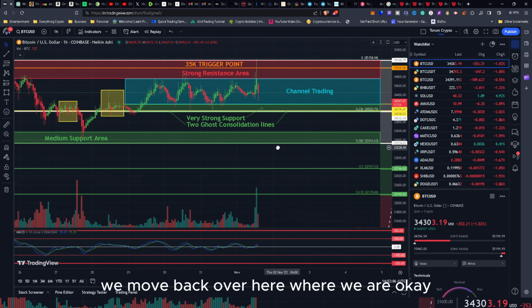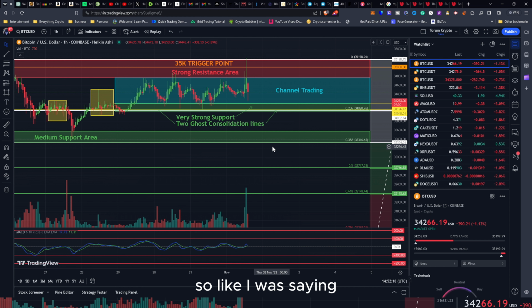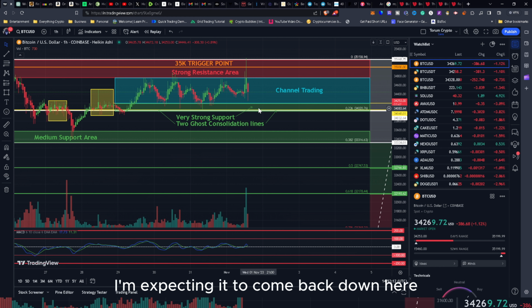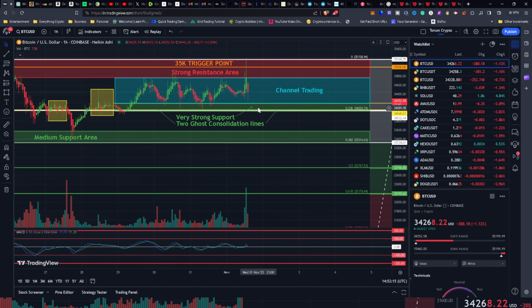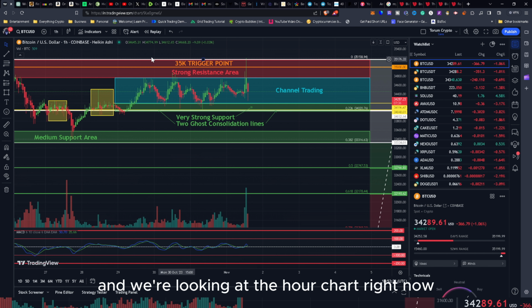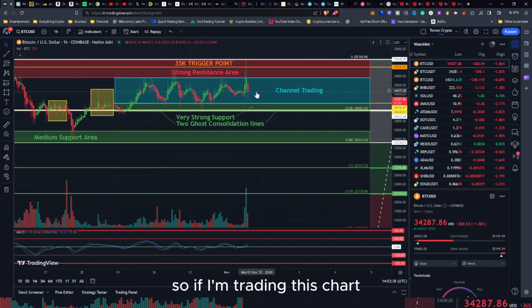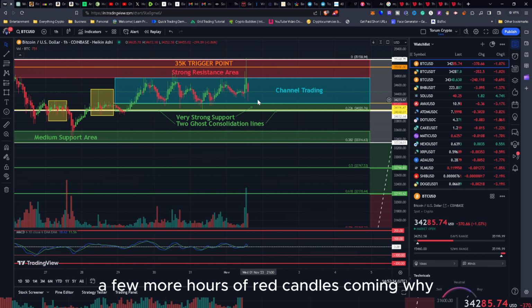Let me move back over here where we are. Okay. So, like I was saying, I'm expecting it to come back down here, retest the support level, because the day is red, and we're looking at the hour chart right now. So the day chart is going to dominate the hour chart. If I'm trading this chart, I know I have at least a few more hours of red candles coming.